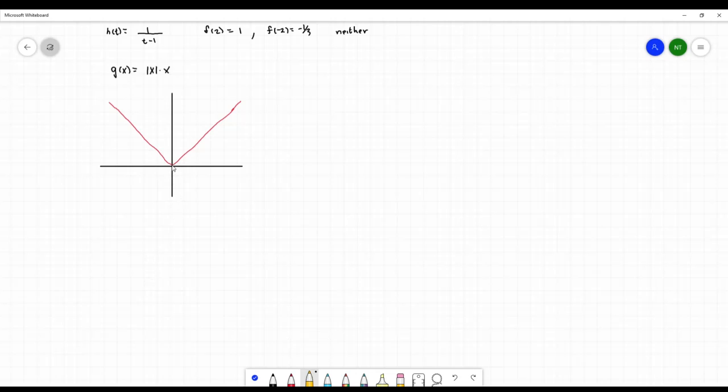In the first quadrant, it's actually just going to be going over the same line as the red line. And on the other side, it's going to be going this way.